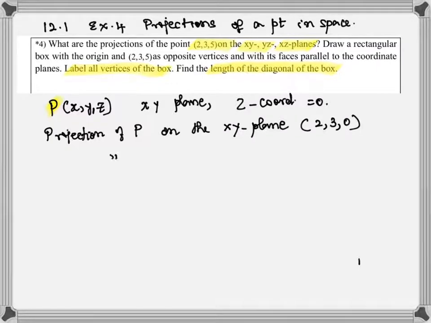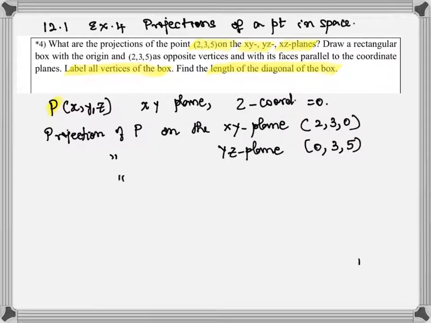In the same way, the projection of P on the yz plane is the foot of the perpendicular from the point P on the yz plane. On the yz plane, any point will have its x coordinate 0. So it will be (0, 3, 5).